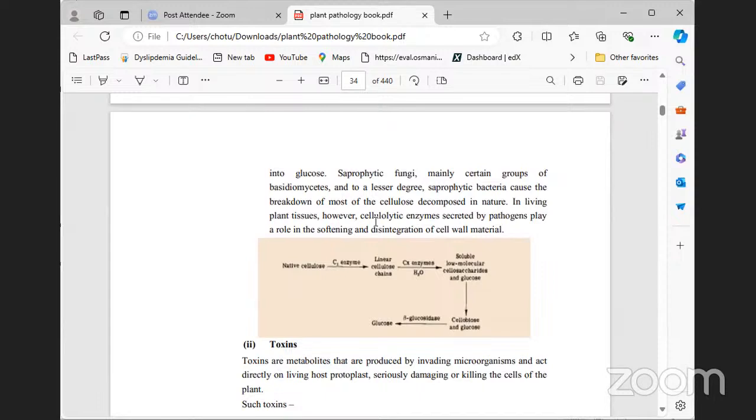In living plant tissues, however, cellulolytic enzymes produced by pathogens play a role in the softening and disintegration of cell wall material.